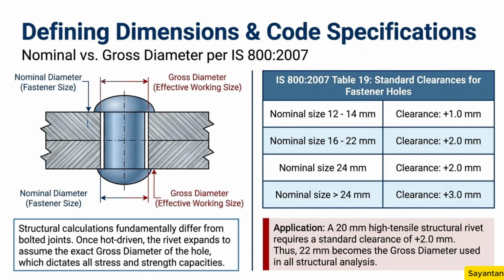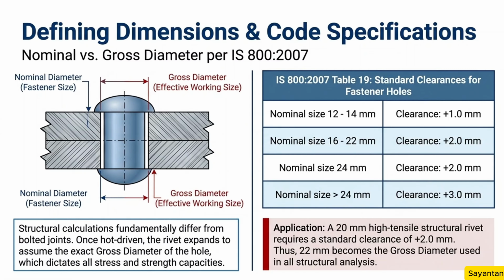As specified in IS 800-2007, Table 19, standard clearances are added to the nominal size to determine the gross diameter: 1 mm clearance for nominal sizes of 12 to 14 mm, 2 mm for nominal sizes from 16 to 24 mm, and 3 mm for nominal sizes exceeding 24 mm.